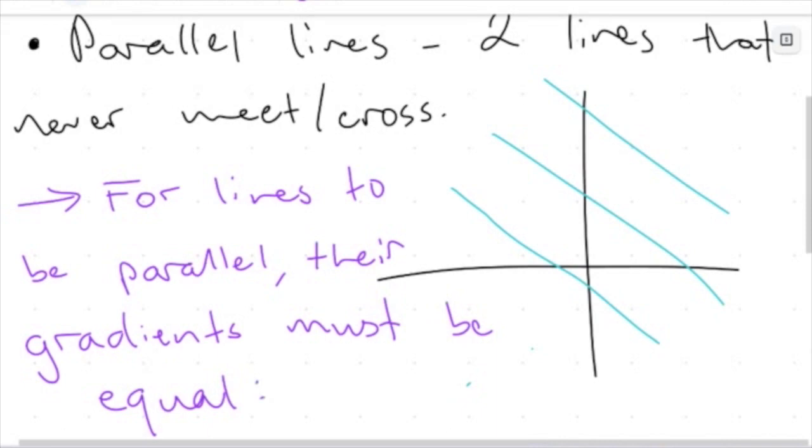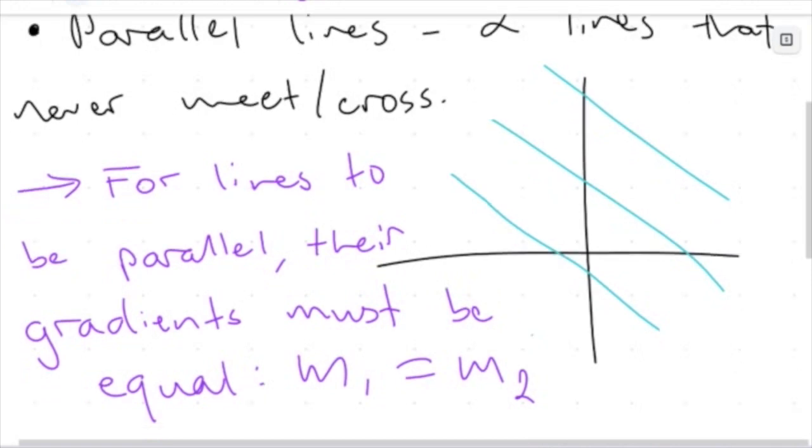In other words, I can show this by writing m1, the gradient of one of them, is equal to m2, the gradient of the other one. This is all we need to say that two lines are parallel. They have the same gradient.